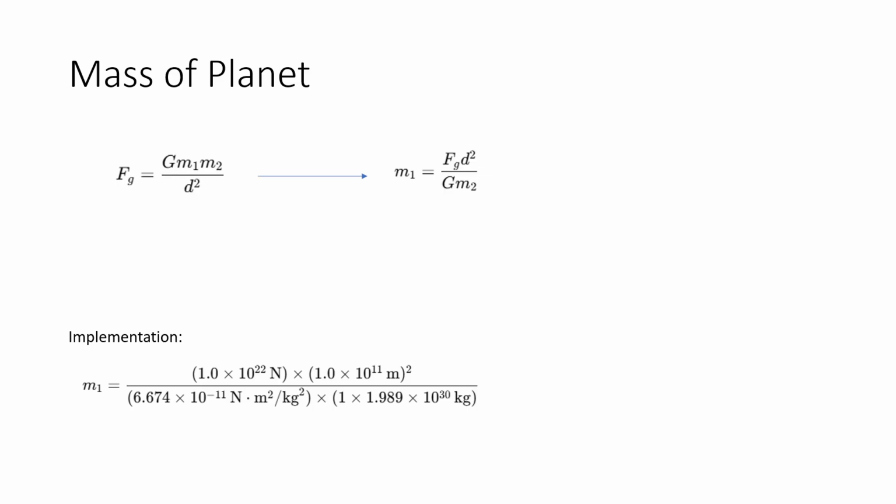The distance d is most likely the orbital radius, the semi-major axis of the exoplanet.